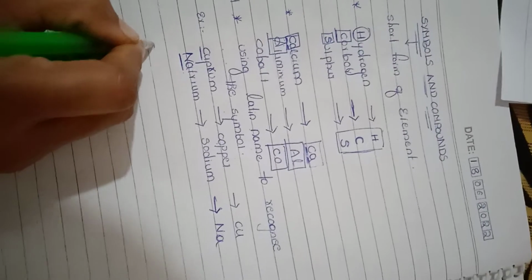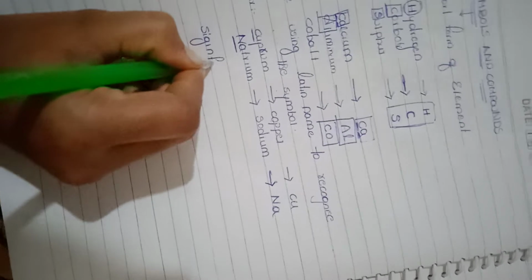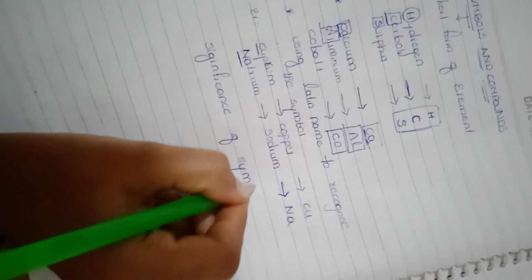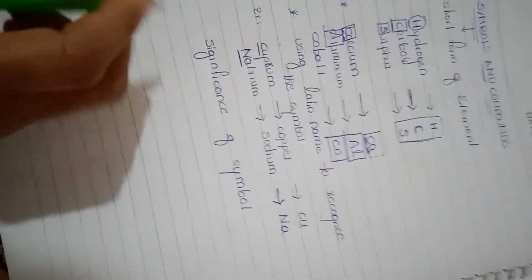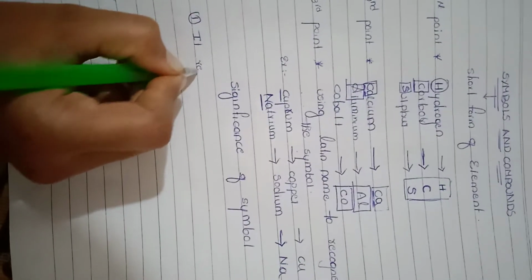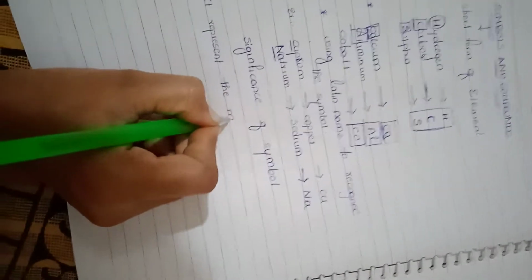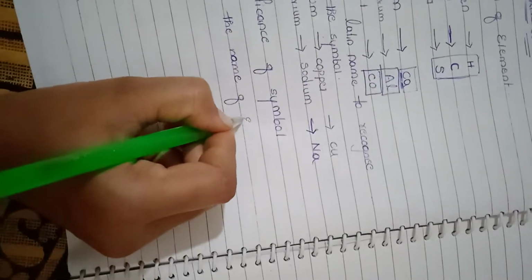Next, we'll discuss the significance of the symbols. What is the significance of a symbol? First, it represents the name of the element.